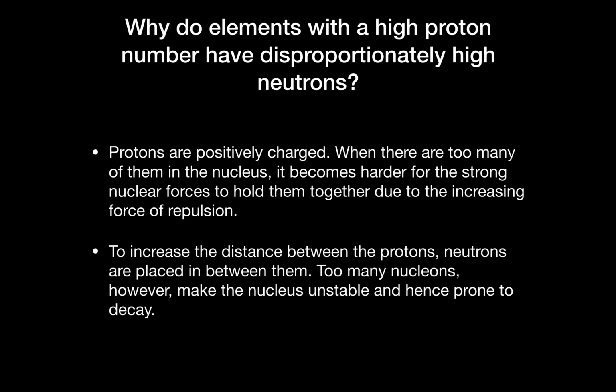Like repels like, right? So positive will repel positive. It becomes harder and harder for the strong nuclear force to hold the nucleus together, and therefore neutrons are used to increase the distance between the protons and prevent them from repelling each other too strongly. However, when there are too many nucleons, that means too many neutrons and protons, the nucleus, due to increased mass, itself becomes unstable and decays.